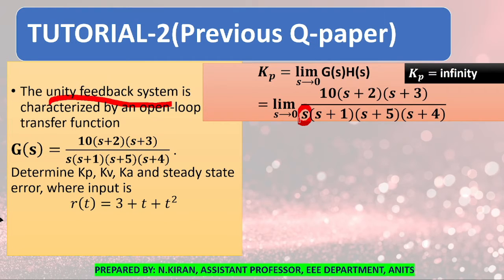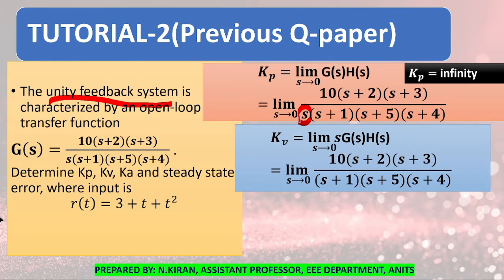Next, according to the definition of Kv, it is limit s tends to 0 of s into G(s)H(s). This will cancel the s term in the denominator. So upon substitution of s equal to 0, I get 10 into 2 into 3 divided by 1 into 5 into 4. That will give me the value of Kv as 3.